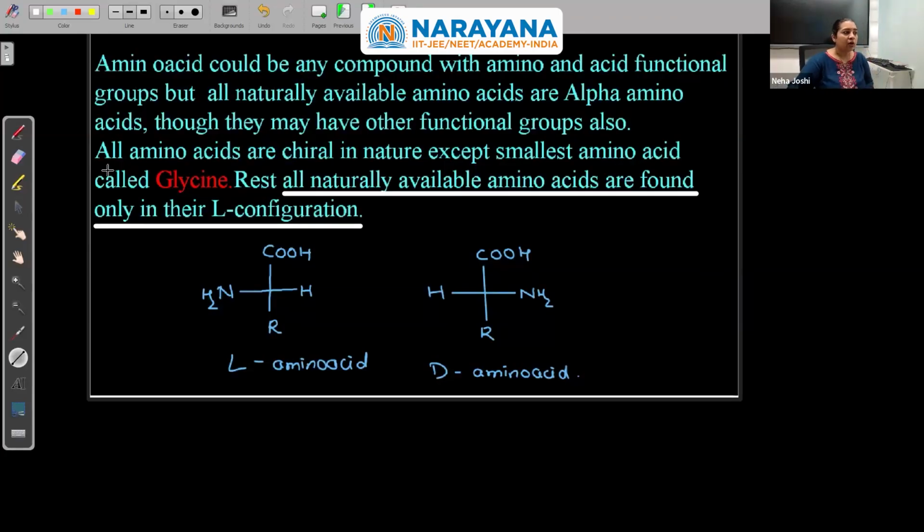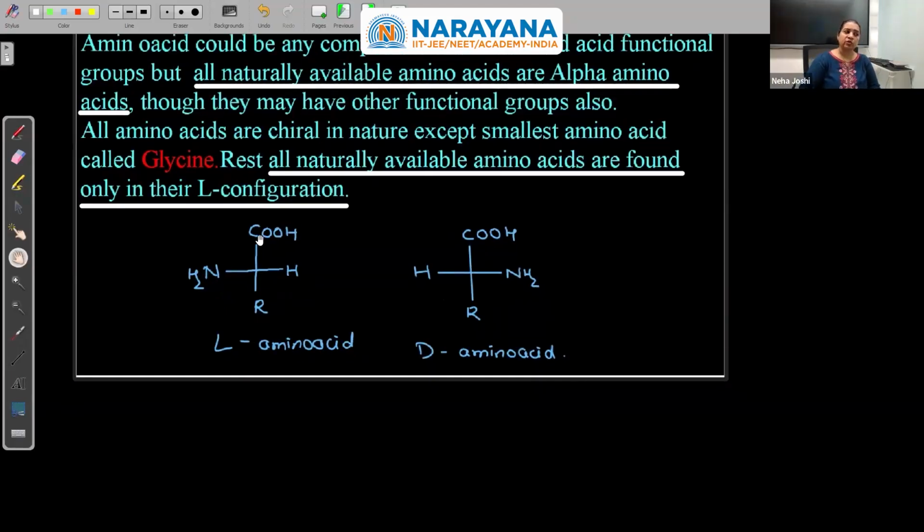Okay. All amino acids are chiral except glycine. And all naturally available amino acids are alpha amino acids, though by definition it could be alpha, beta, gamma, delta, anything. Okay. And there may be presence of other functional groups, that is okay.